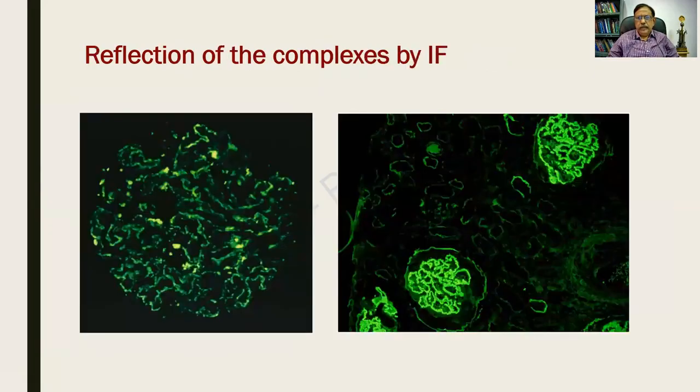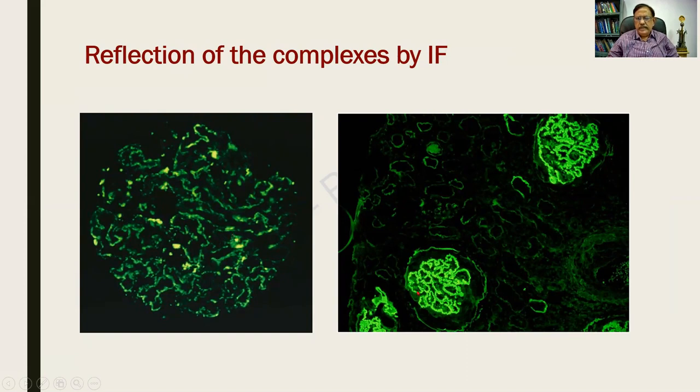And there will be two types of these. In this condition, since it is subepithelial, there will be a gap between the deposits. We call it granular deposits. So here and there I will be finding the deposits. It is not uniform.